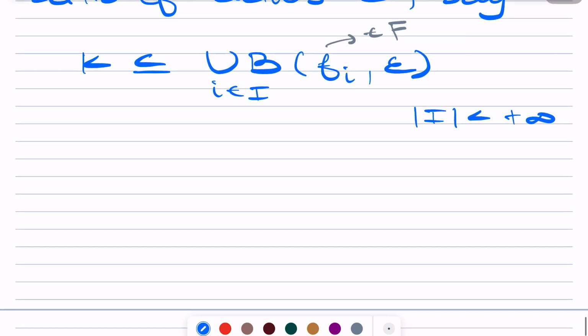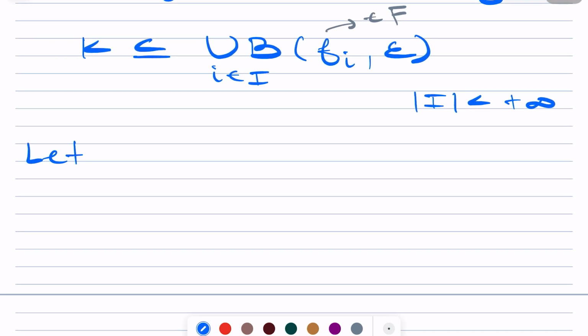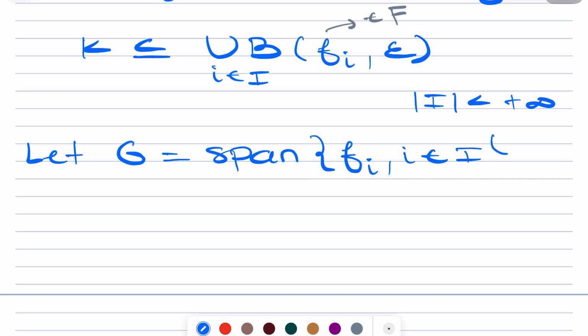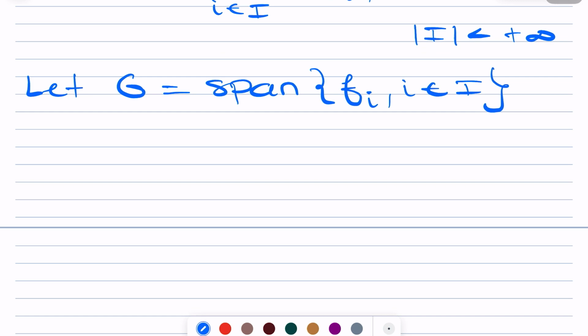Now let capital G be the vector space spanned by the Fi's, the span of the Fi, i in I.